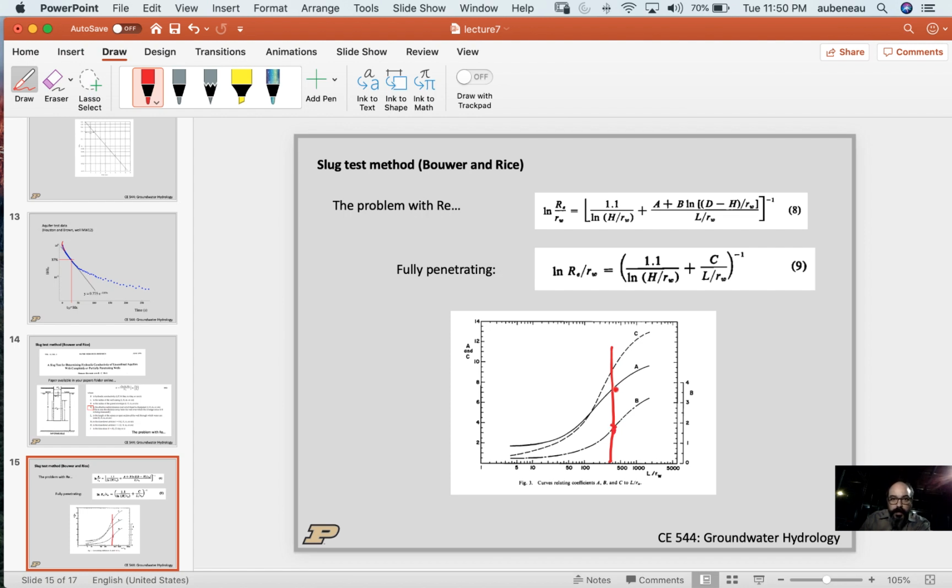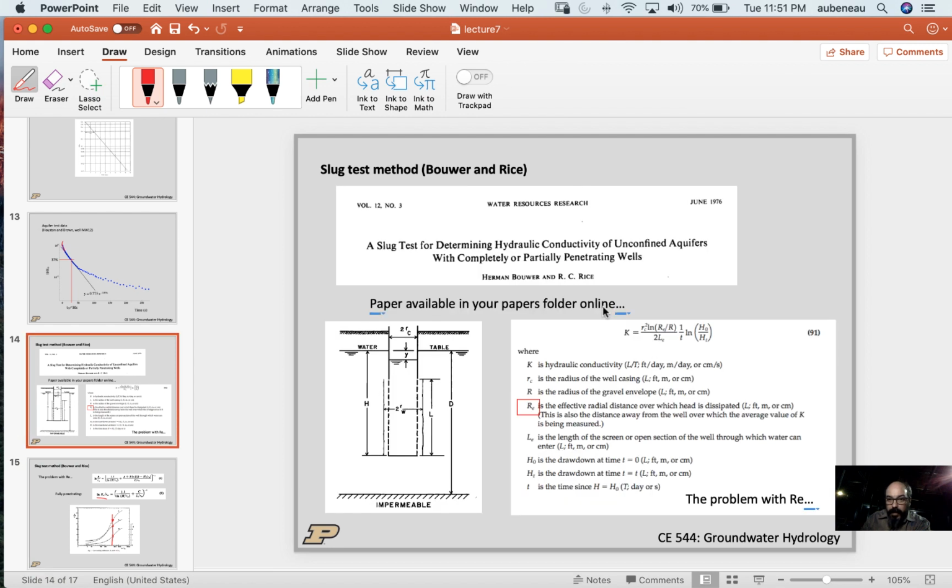Or if it's a fully penetrating well, then you don't need A and B, you just need C, so you go read C, right? And you add that to your sauce, you add that to the recipe, you just plug everything in, and you finally get this weird number that you can then plug back into your equation. And now you have everything you need to calculate your hydraulic conductivity.